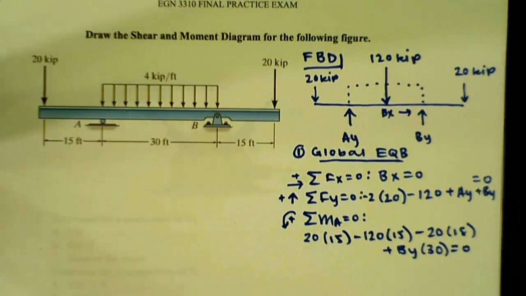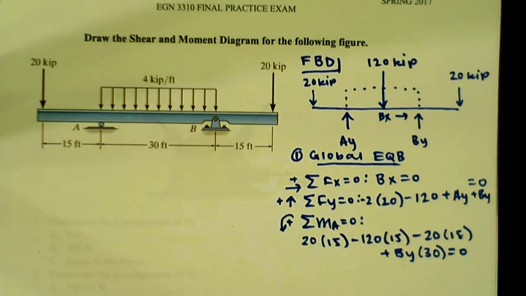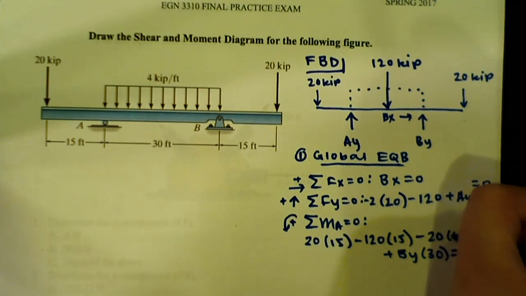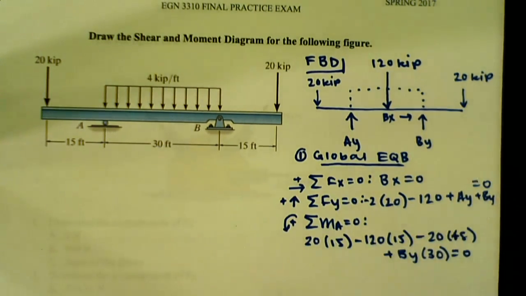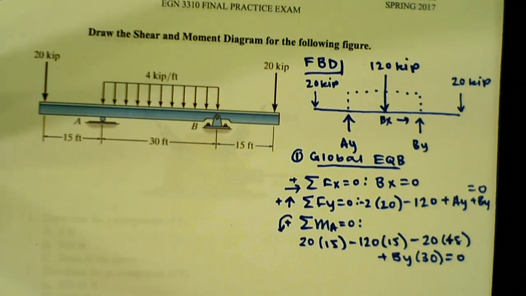So a thing to do if you don't like doing moments, I always pretend, okay, I'm point A. On the left I have my 20 kip force and it's pushing my arms downwards, so it's going to create a counterclockwise moment. Yeah, shouldn't the other 20 be 45? Oh yeah, I said 45. So this 20 should be 45. But just in case you can't do right hand rule or you don't like it, I just use my arms.